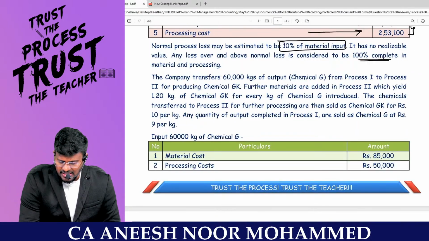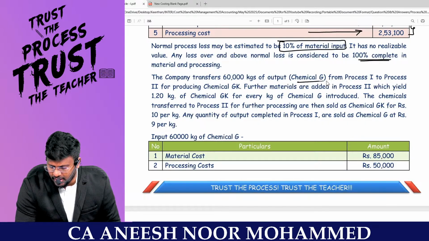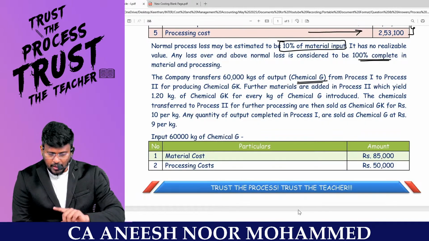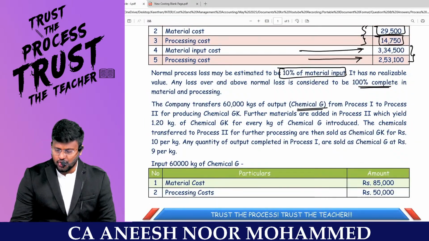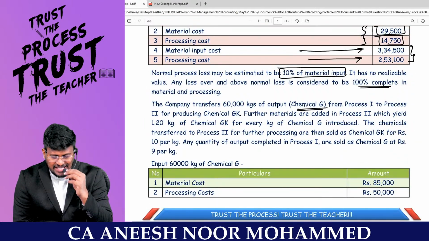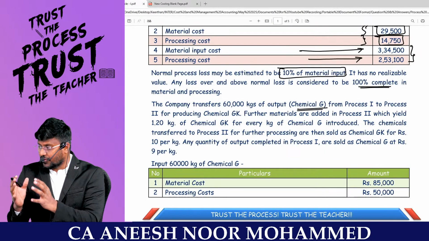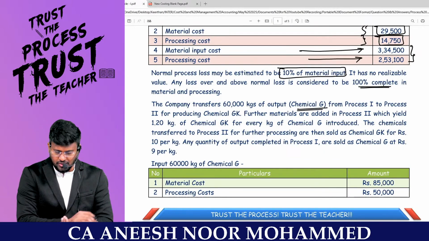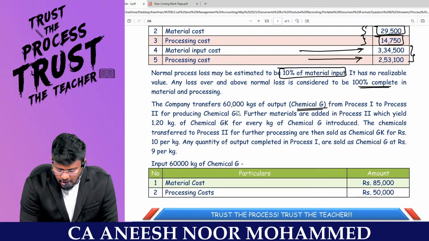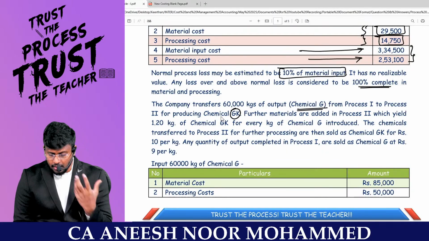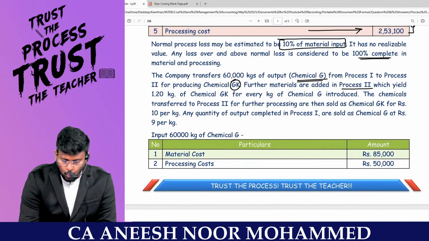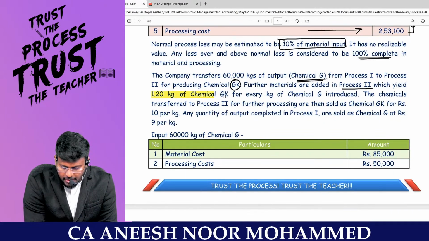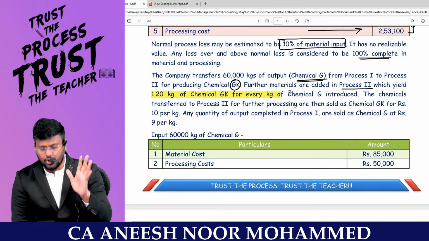The company transfers 60,000 kg of output, that is chemical G, from process 1 to process 2. They have completed 83,000 kg in total. Out of that, 60,000 kg has been transferred from the first process to the next process for producing chemical GK. Further material is added in process 2, which yields 1.2 kg of chemical GK for every kg of chemical G introduced.